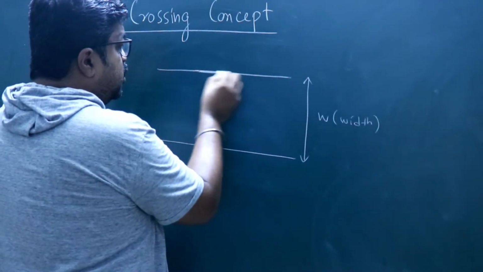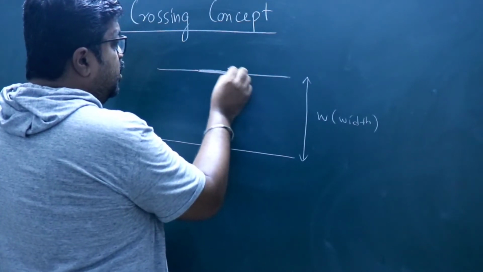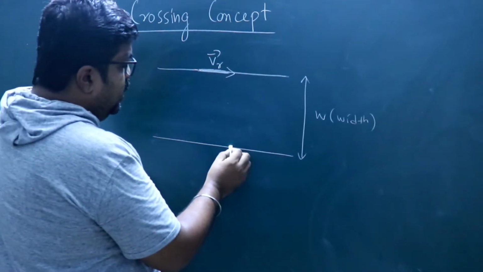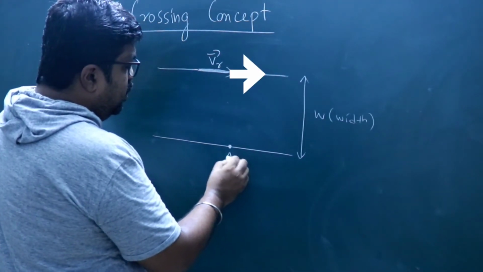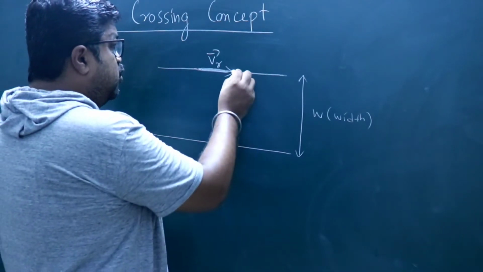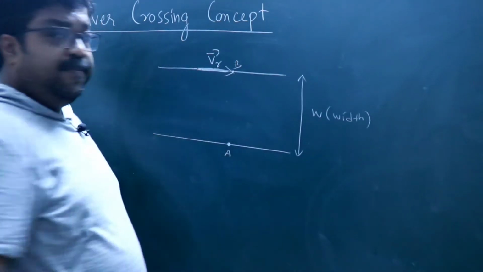This vector represents the velocity of the river, and you are at this particular position. This is location A on this bank, and from this you wish to go to B.